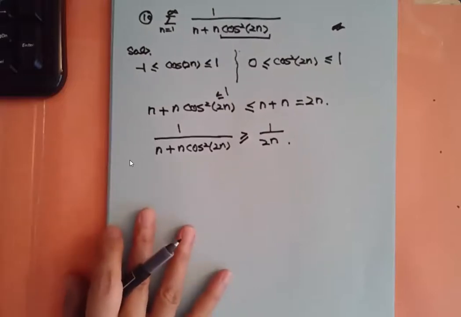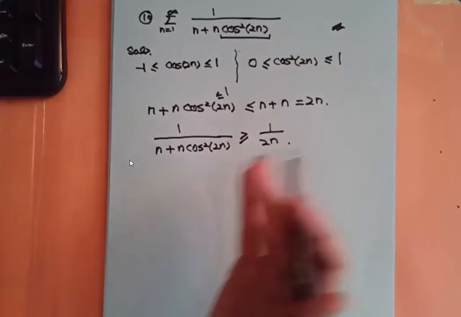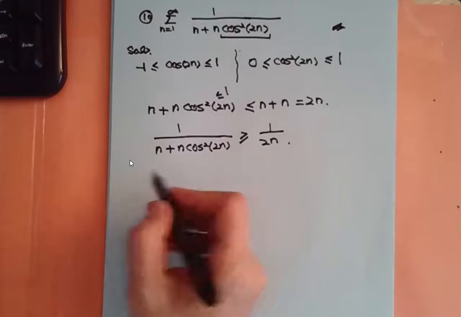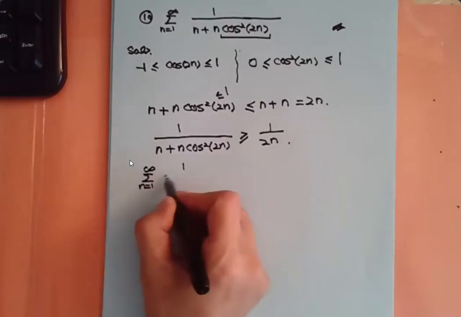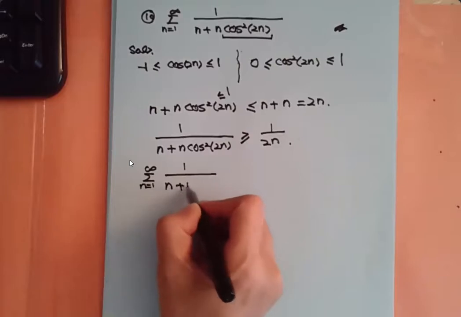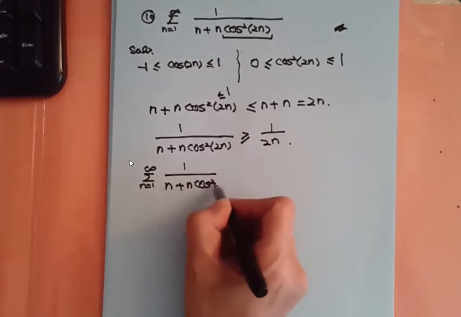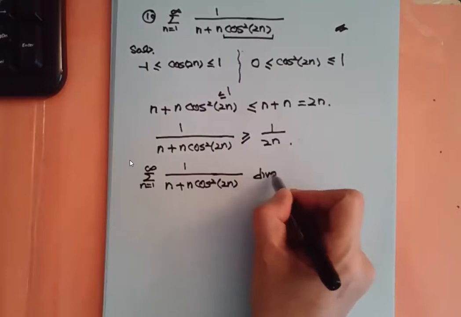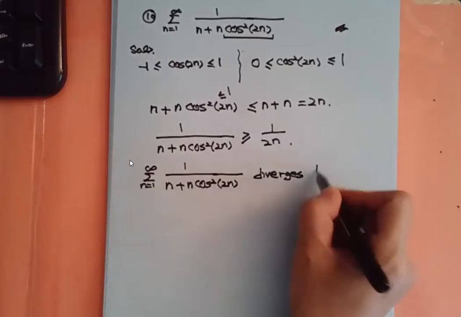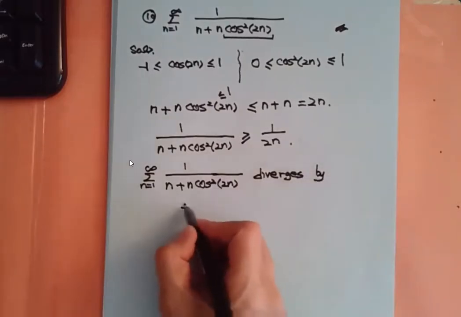So the summation from n equals 1 to infinity of 1 over n plus n times cosine squared of 2n diverges by the comparison test.